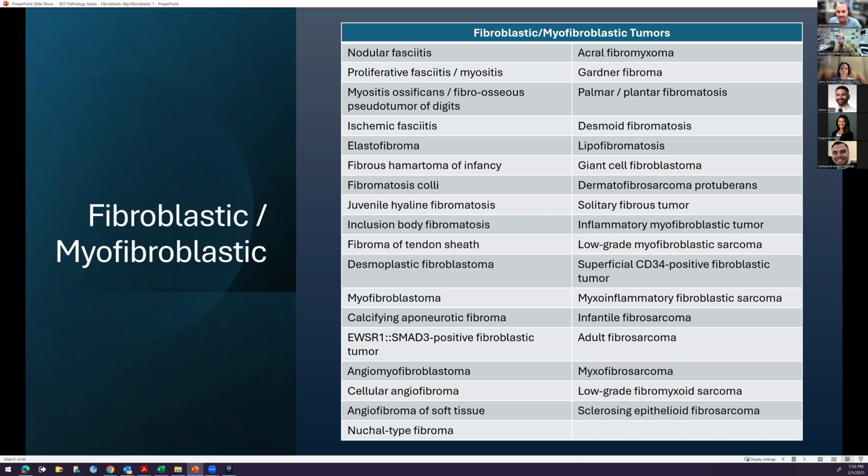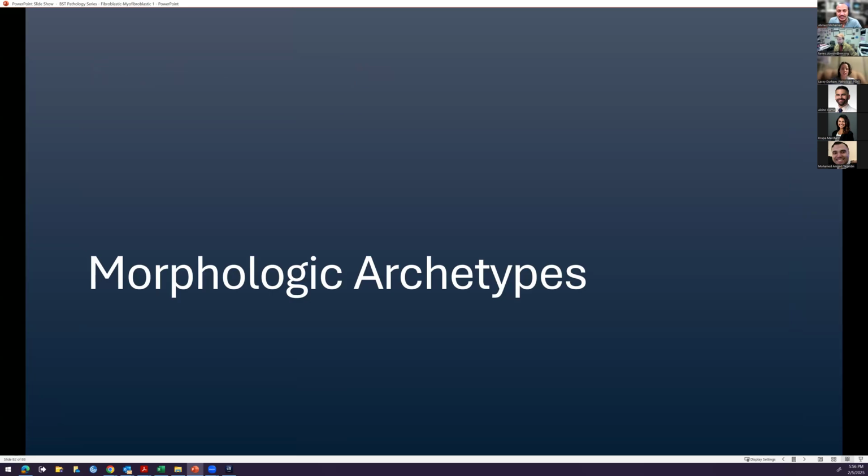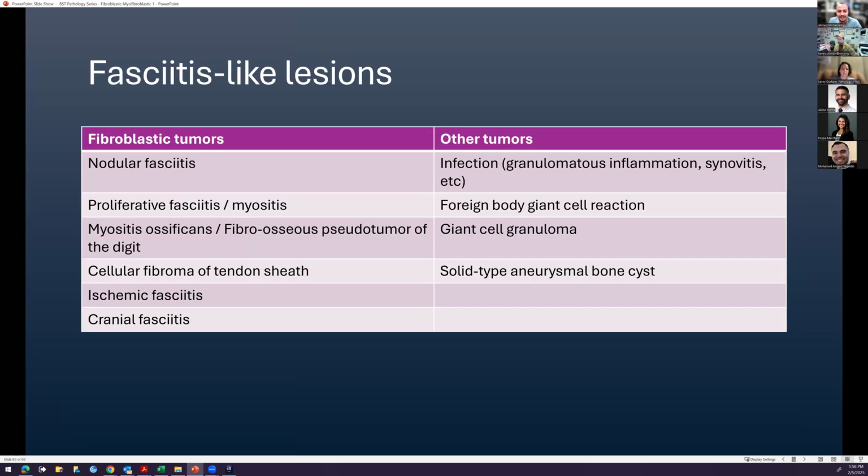So if looking at morphology can help you narrow down into certain groups as well, that can help too. It also helps you think about other things outside of the fibroblastic. So even though you might think, well, there are some fibroblastic-looking cells or there's collagen, if you think about it in the morphology spectrum, you also remember, oh wait, there's a couple of other tumors in the neural group that may do this as well. So that's what this is for.